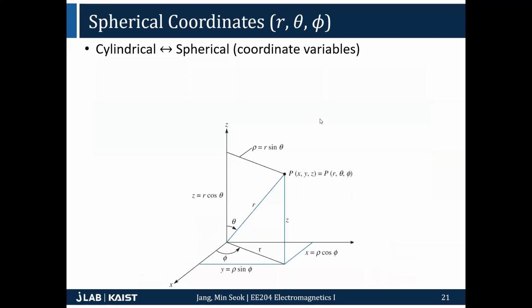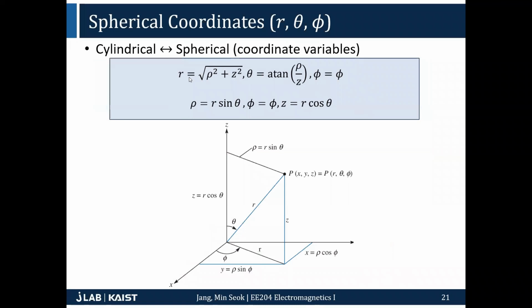And then finally, you have cylindrical to spherical coordinate systems. And this is even easier, right? If you look at this, these two coordinate systems share one coordinate variable, which is phi. So phi is phi.